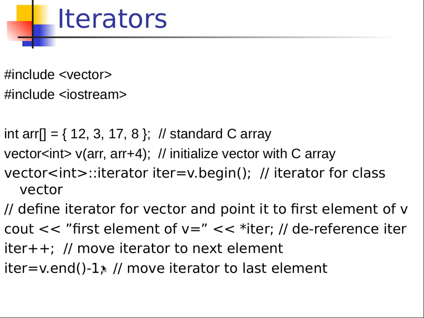It says it initializes it by saying V of R, ARR, comma, ARR plus 4. So it passes it the array, and then what does it pass? It's passing a pointer to the first element of the array and then it's passing a pointer to, what is it, after the last element of the array. So it's passing beginning and end. Yes.